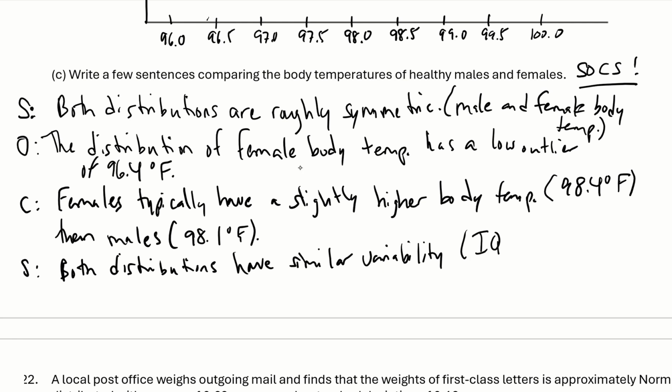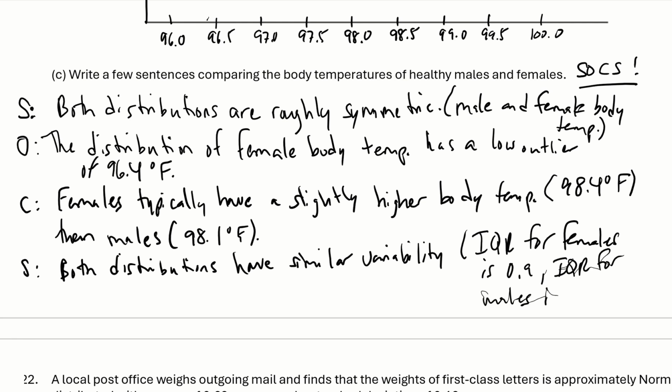The IQR for females is 0.9. IQR for males is 1.0. So they were pretty similar variability. All right, and there you go.